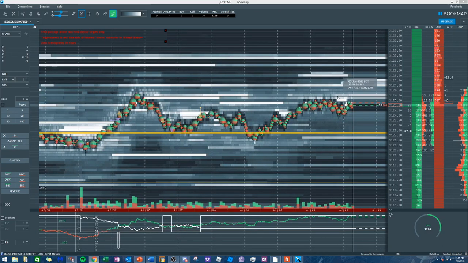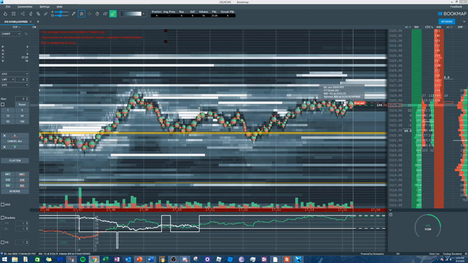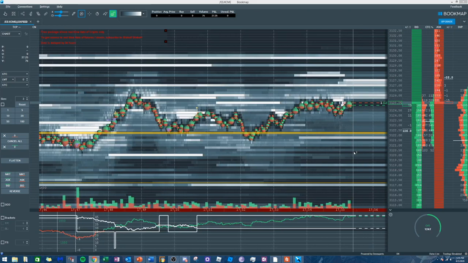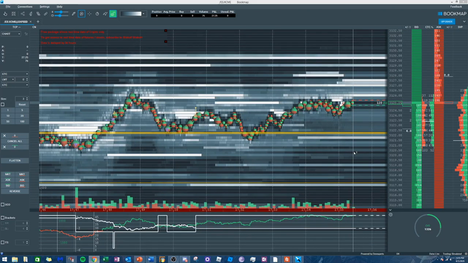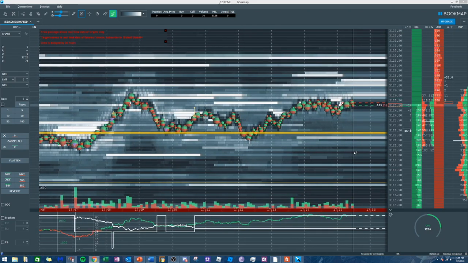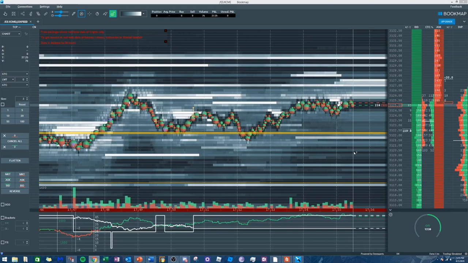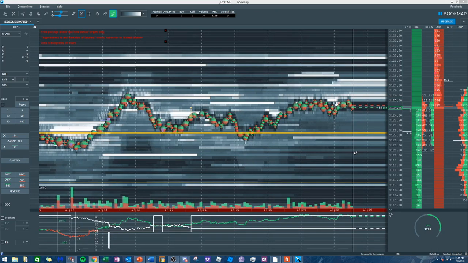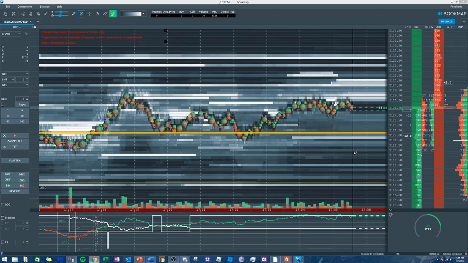And it leads to better decision making and being able to view the market and the fundamentals in a much more digestible manner. So anyways, I just wanted to share.